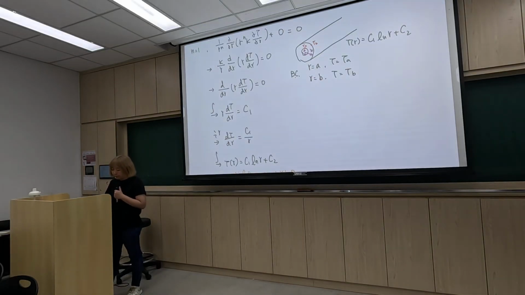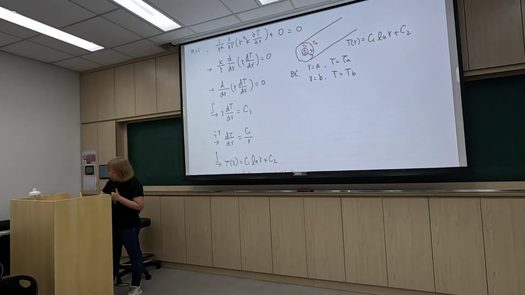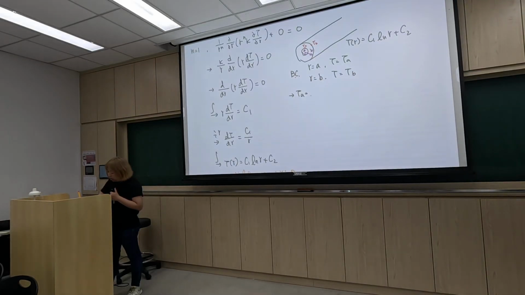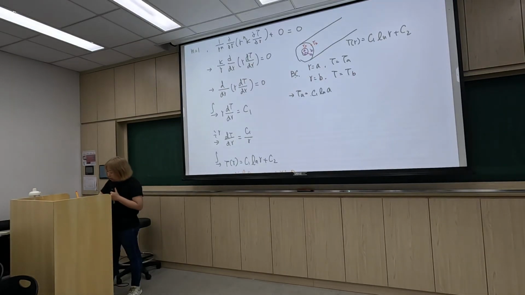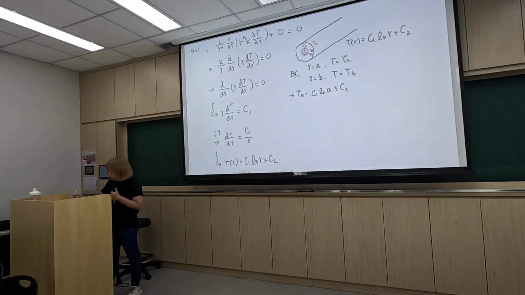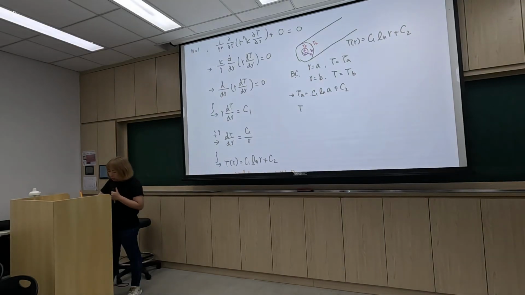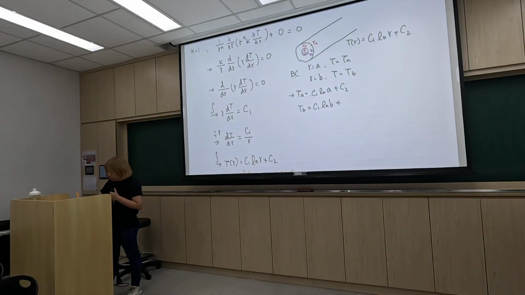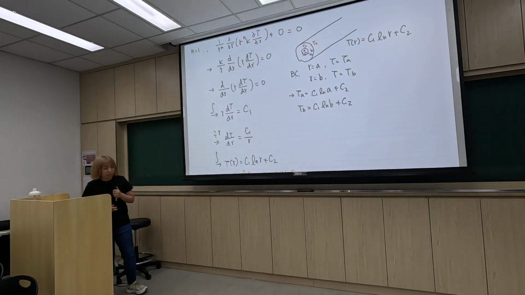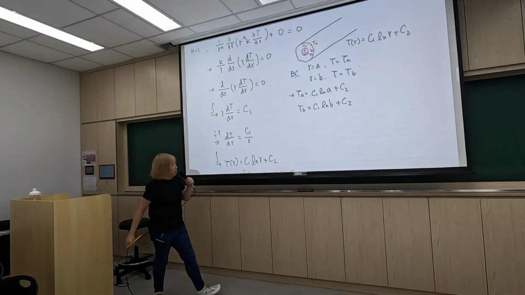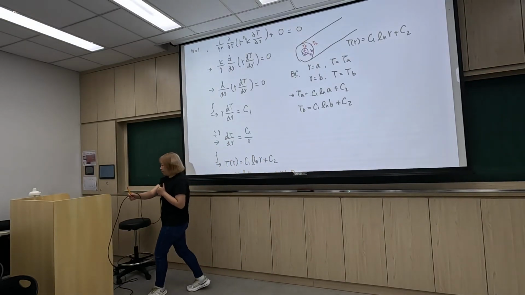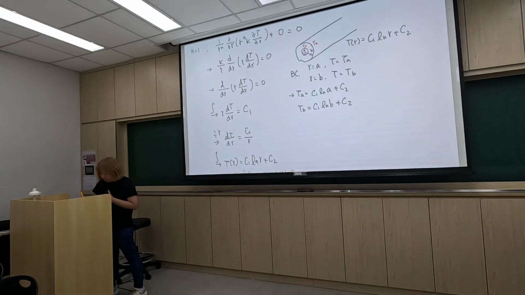Easy. Then the equation will become TA equals C1 ln A plus C2. Then TB equals to C1 ln B plus C2. Okay, we just substitute R with A and B.